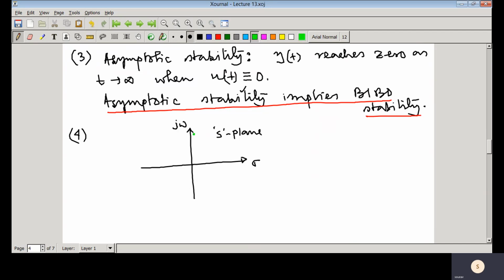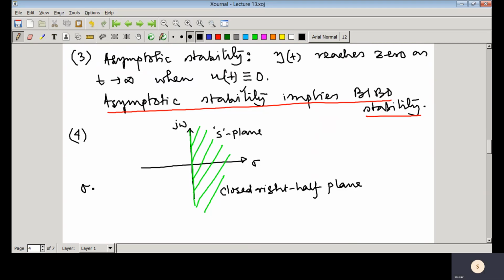And we'll consider the two parts. This is called the closed right half plane, and this is called the open left half plane. So why open?